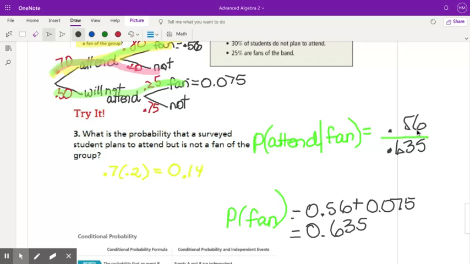So then I'll divide the 0.56 by 0.635, and I get 0.88. So out of all the fans, the probability that someone would attend would be an 88% chance.